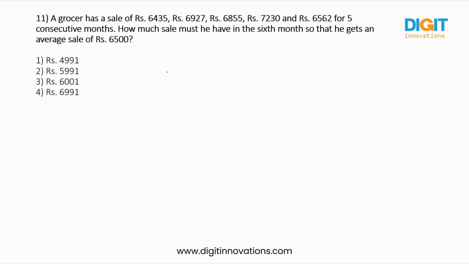So the first month it is 6,435, and second month it is 6,927, and third month it is 6,855, and fourth month it is 7,230 plus fifth month it is 6,562, and there is another month, the sixth month they're asking.